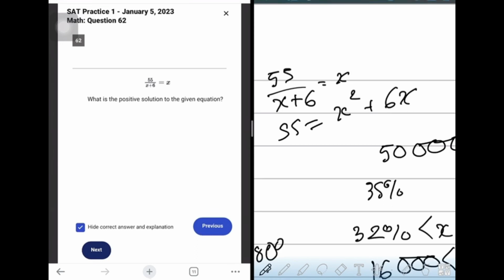And you need to read the question carefully, because they ask about the positive solution. So we have two solutions, 5 and minus 11, so we choose 5.